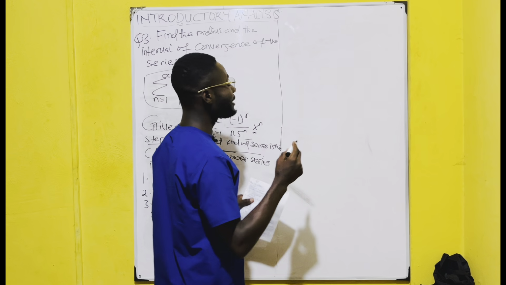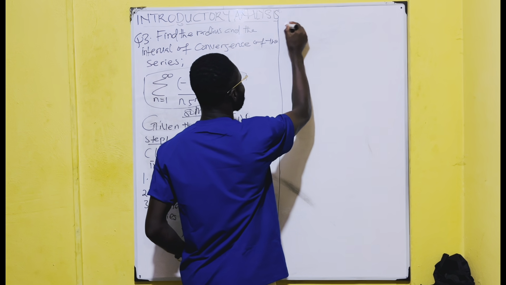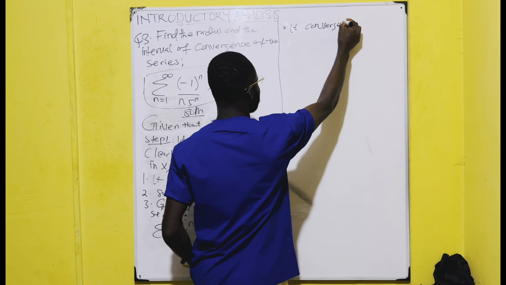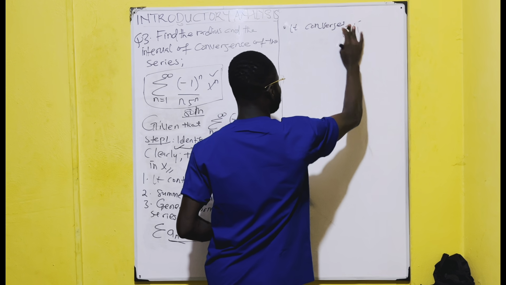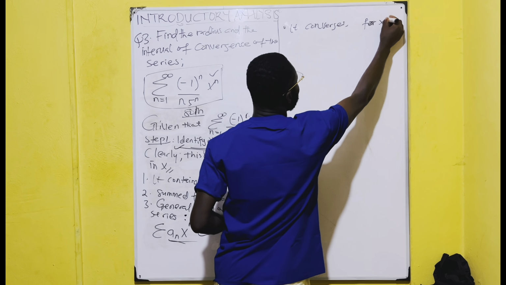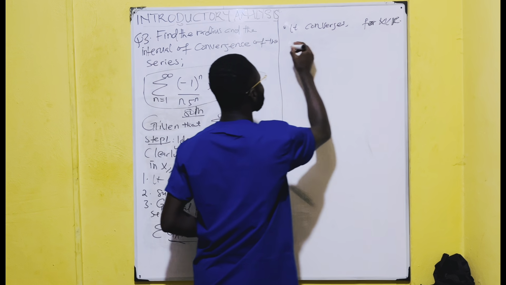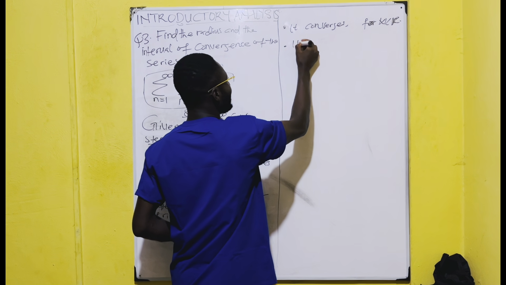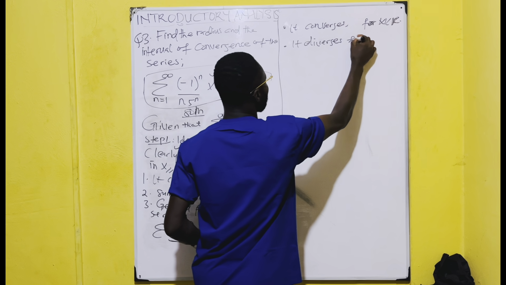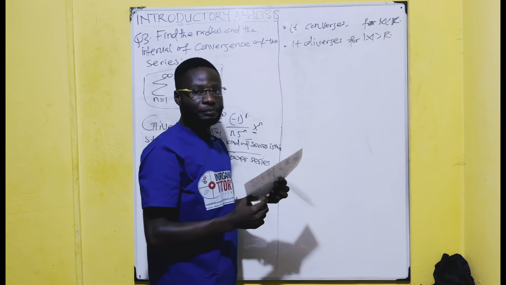So once it is a power series, it converges for absolute x less than what? The ratio, right? Two, it diverges for absolute x greater than the ratio.